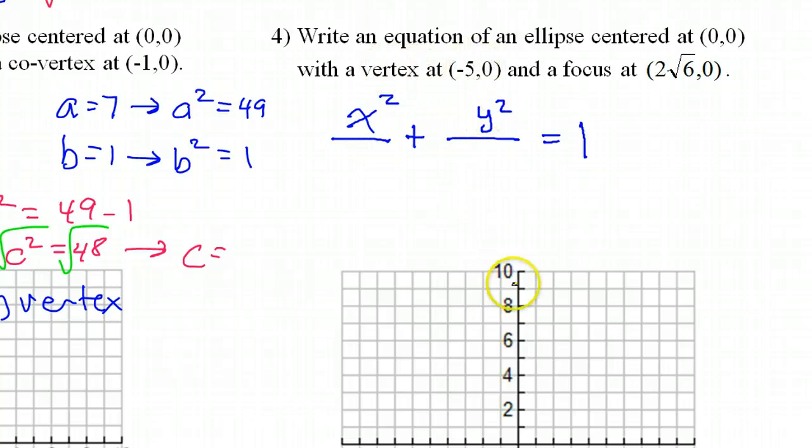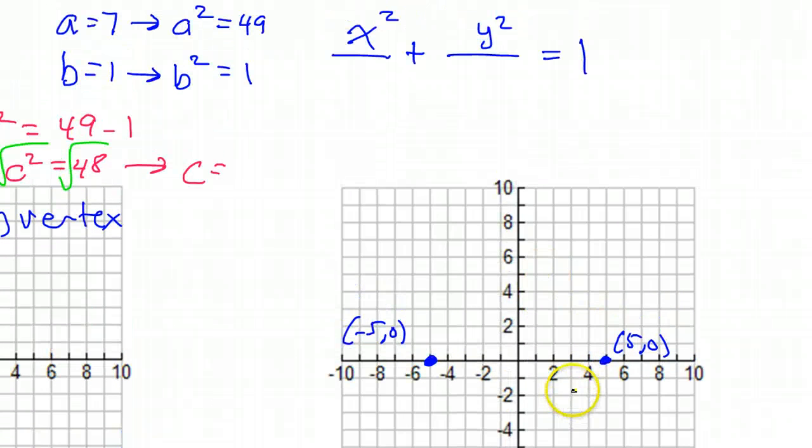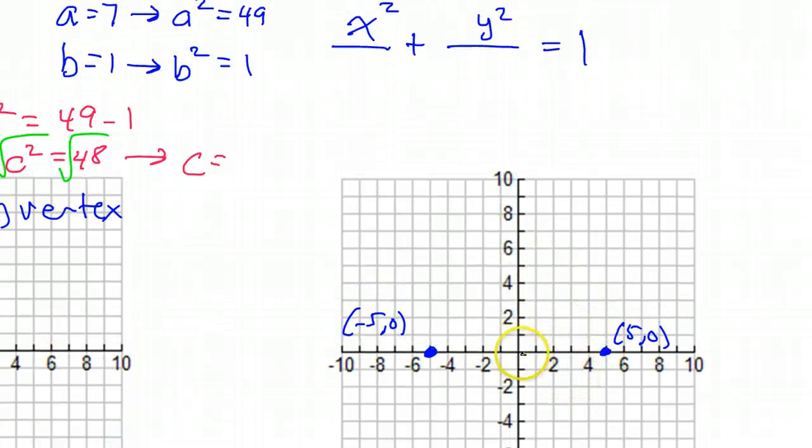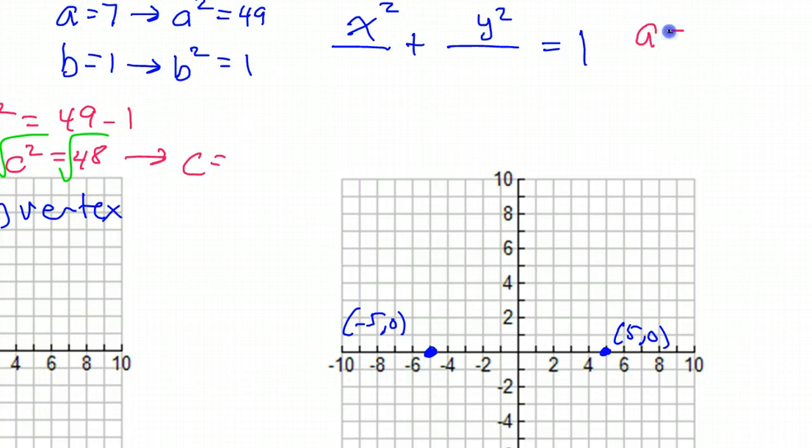Vertex at -5, 0. Okay, so there's -5, 0. That means there's another one at 5, 0, by the way. All right, those are the vertices. Okay, so that tells me that the a value is 5, right?